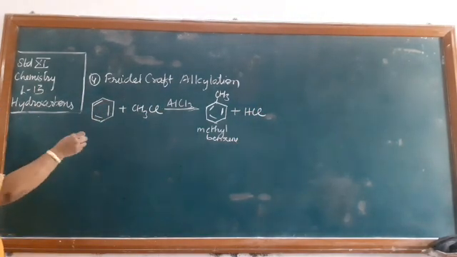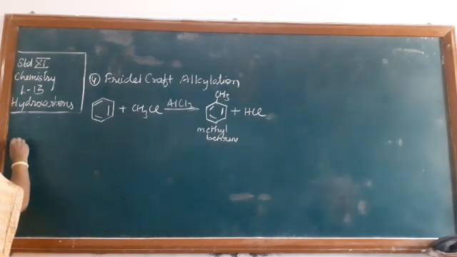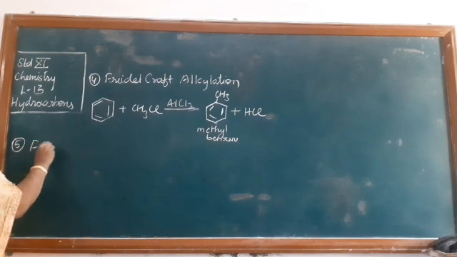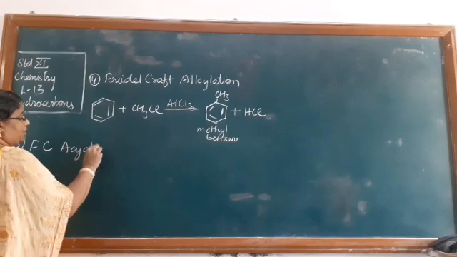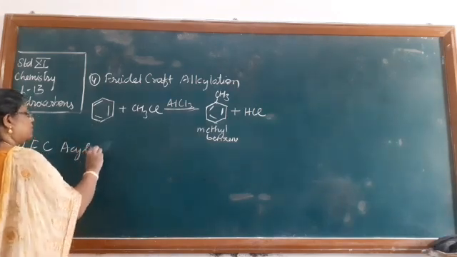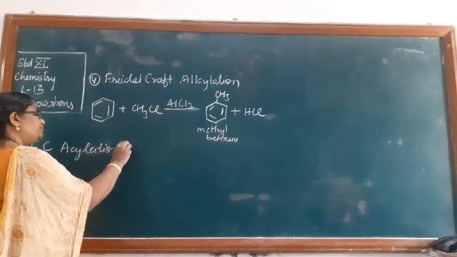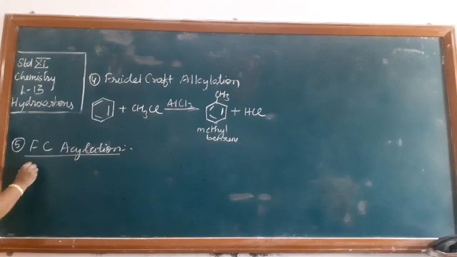So this is Friedel-Crafts alkylation. The next is Friedel-Crafts acylation. We also write it as FC acylation. The reagent used here is either acetyl chloride or acetic anhydride.